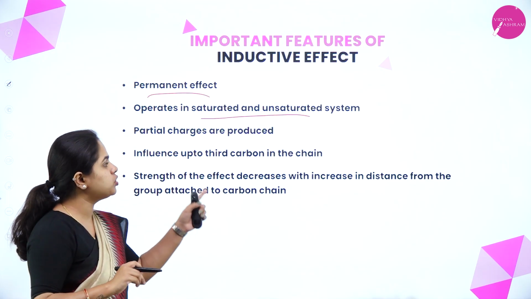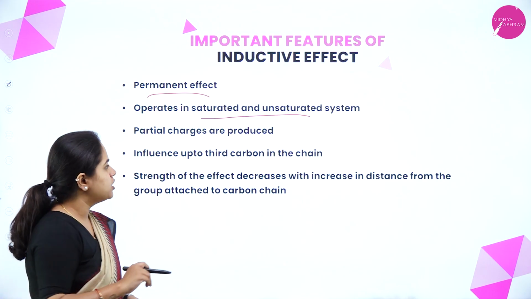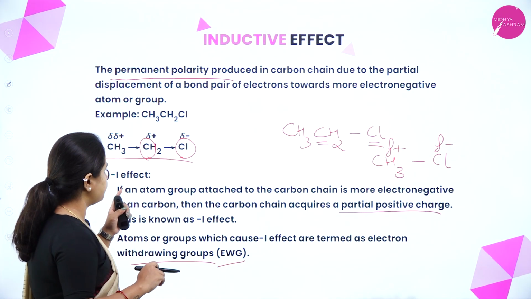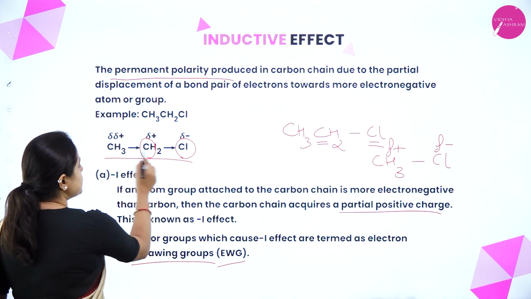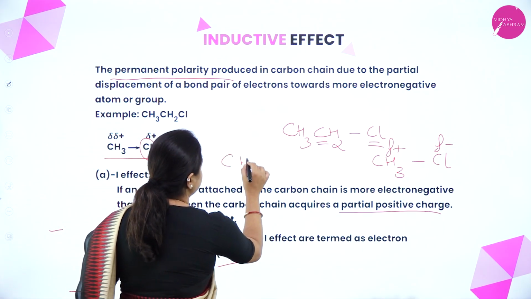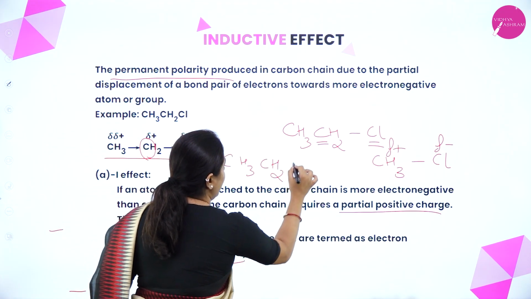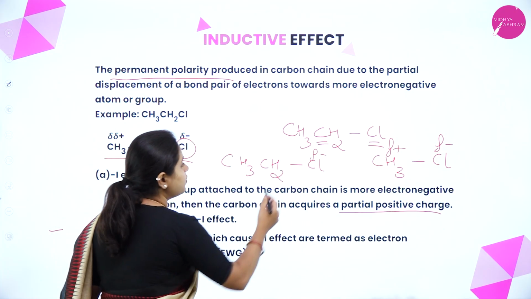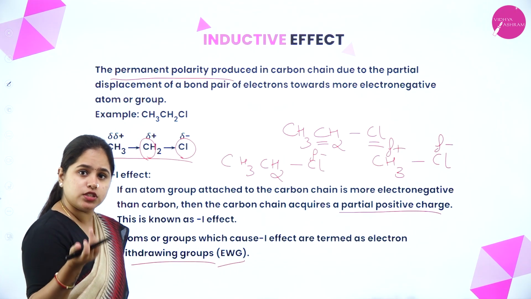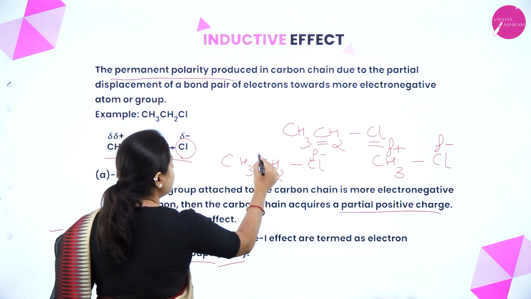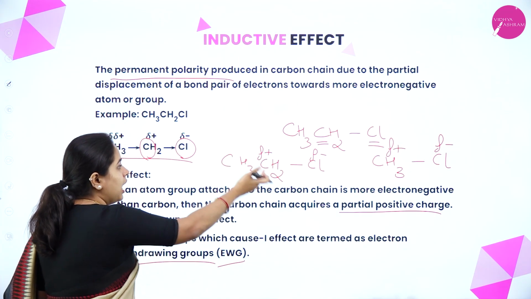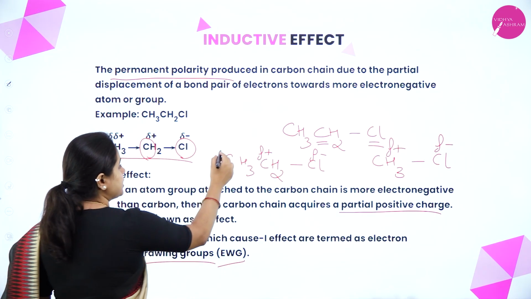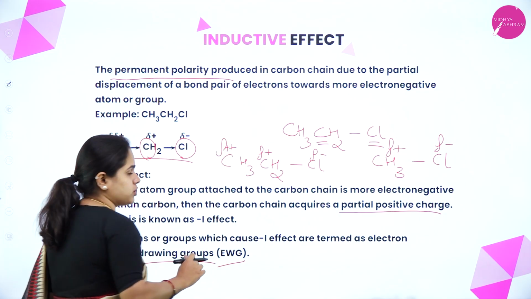Now, influence up to the third carbon in the chain, right? So for that, as you can see in here, yes, there is a polarity difference here, CH3, CH2 and Cl. So chlorine will attain a partial negative charge because it is more electronegative. Carbon will attain a partial positive charge, and the adjacent carbon atom will also attain a partial positive charge.